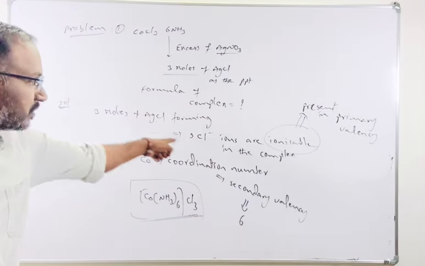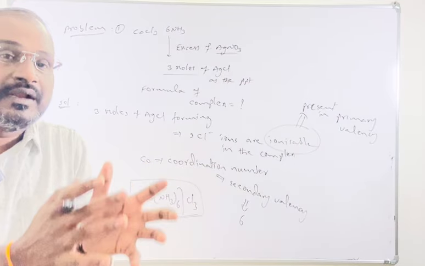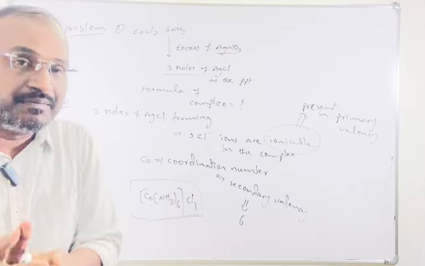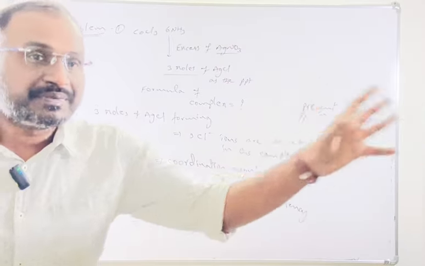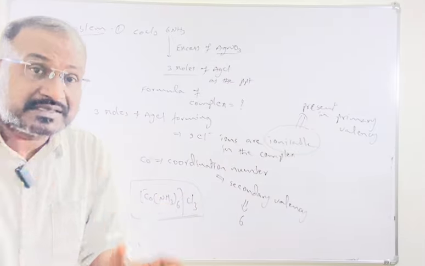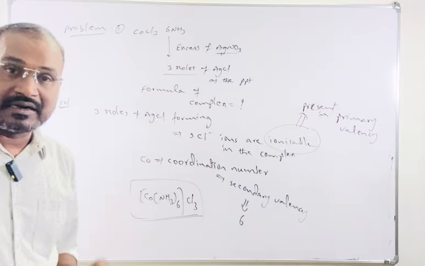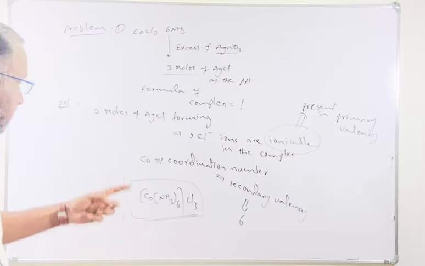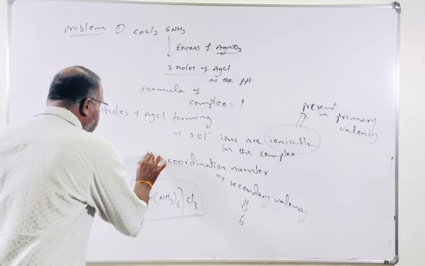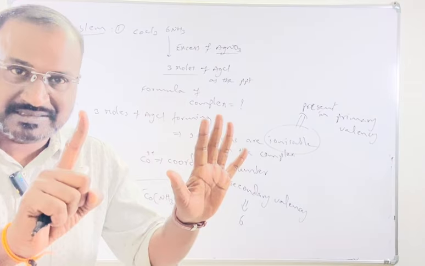If you say, you can see this one. 3 moles of AgCl forming means 3 chloride ions are ionizable from the complex. 3 chlorides ionizable means the 3 chlorides are present in the primary valency. If they are present in the primary valency, the remaining 6 NH3 are present in the secondary valency. Why? Because Co3+ is the oxidation state, and the coordination number of Co3+ is 6.